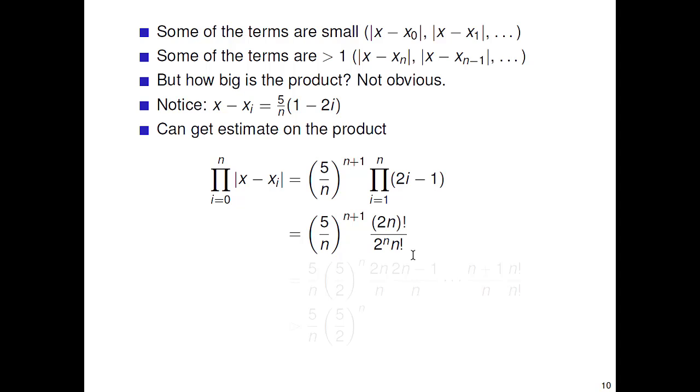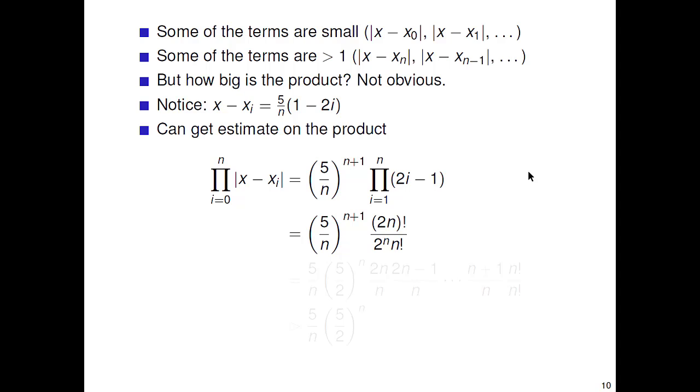In the denominator, I have the product just of the even numbers. So I had 2, 4, 6, 8, all the way up to 2n. They're all even numbers, so I could factor a 2 out of every one of them. So I'd have 2 times 1, 2 times 2, 2 times 3, and so on. So I factor all the 2's out. Here are all the 2's that I factored out. And then what was left was 1 times 2 times 3, and so on, up to n. I got an n factorial.